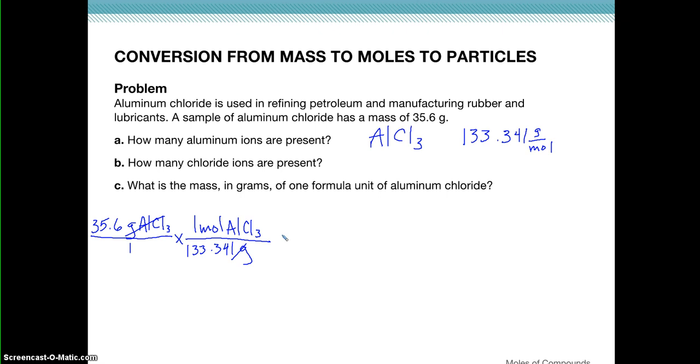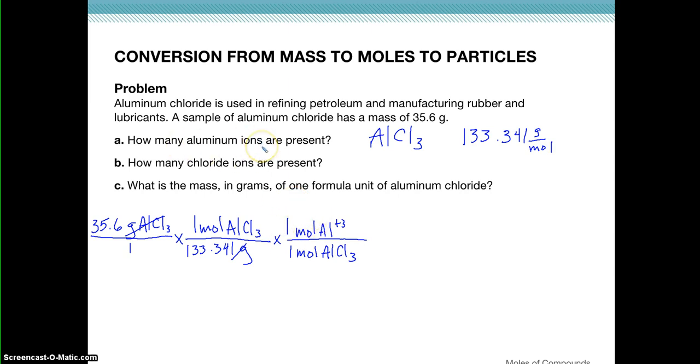Okay, so we canceled our grams. Now, from moles of aluminum chloride, we want to figure out how many aluminum ions we have. So this is where we use that mole ratio. In 1 mole of aluminum chloride, how many moles of aluminum ions are there? Well, what's the subscript of aluminum? It's a 1, so there is 1 mole of aluminum ions in 1 mole of aluminum chloride. Now, the question says how many ions, not how many moles of ions.